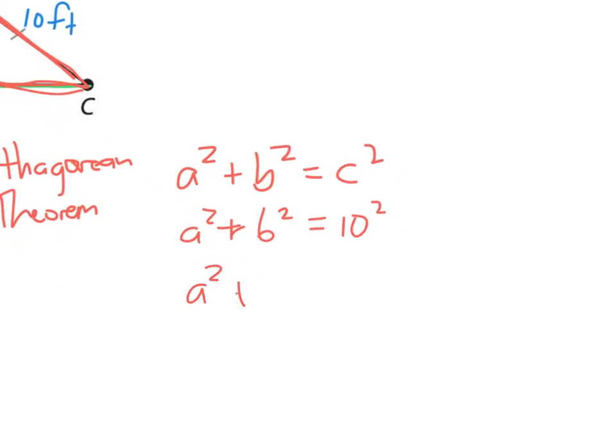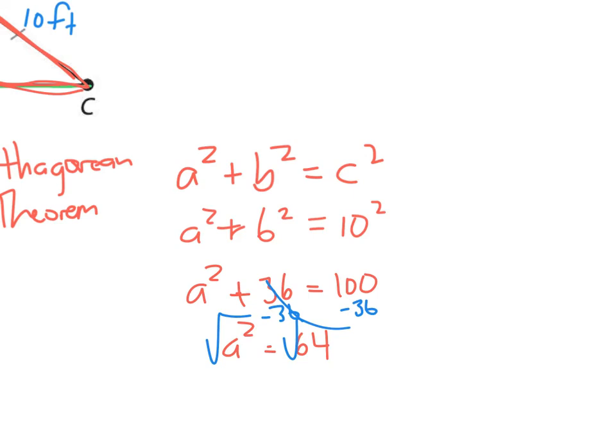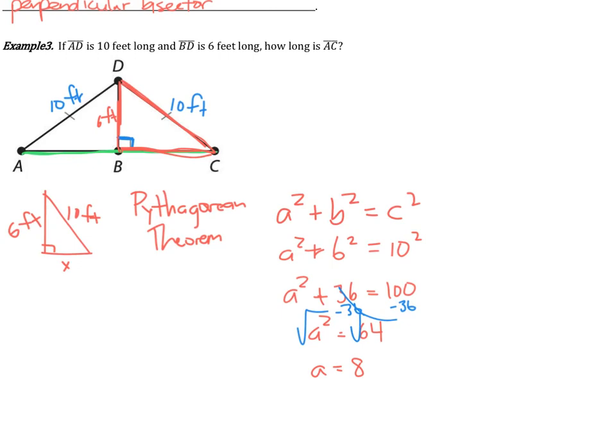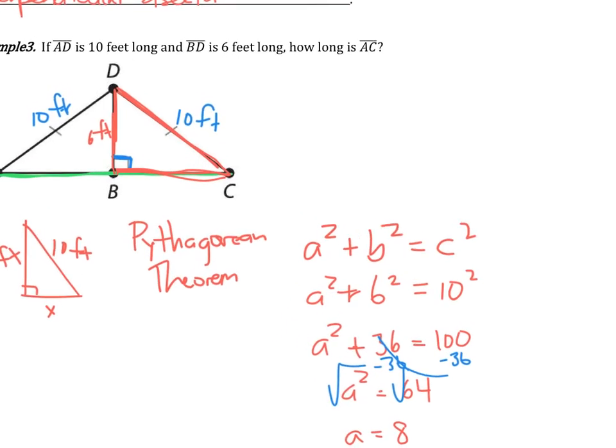So A squared plus 36 equals 100. A squared equals 64, because we subtracted 36 from both sides. And then the last step, square root: A equals 8.